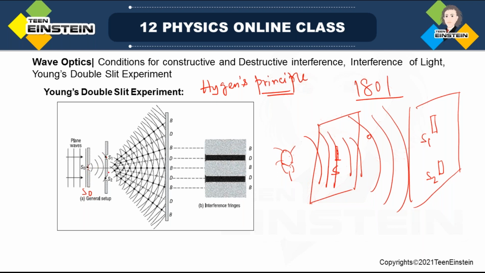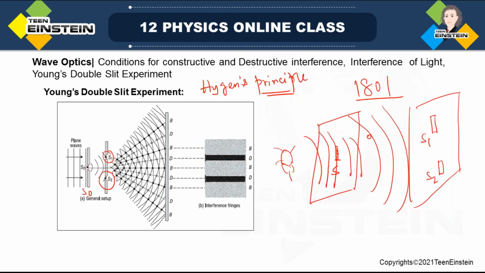And you can see these two slits S1 and S2 are illuminated by the same wave front at a time. That means the two sources you are creating, S1 and S2, are illuminated by the same wave front.